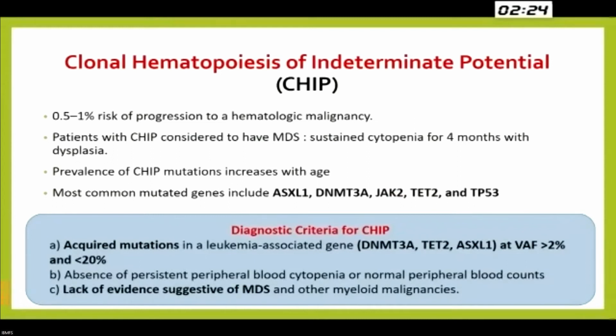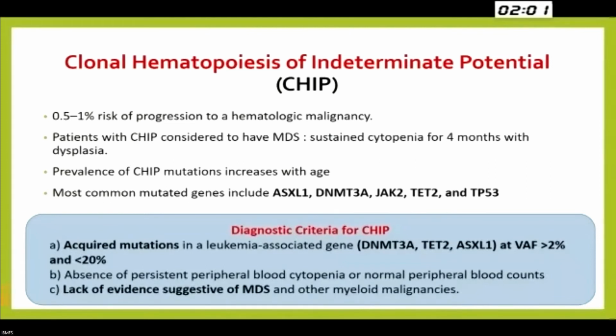So the diagnostic criteria for CHIP molecularly is this: there is an acquired mutation in a leukemia-associated gene, DNMT3A, R882, ASXL1, at a VAF of more than 2% and less than 20%. And there should be absence of persistent peripheral blood cytopenia or a normal peripheral blood count.